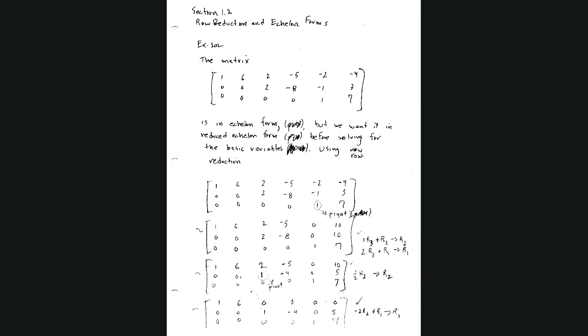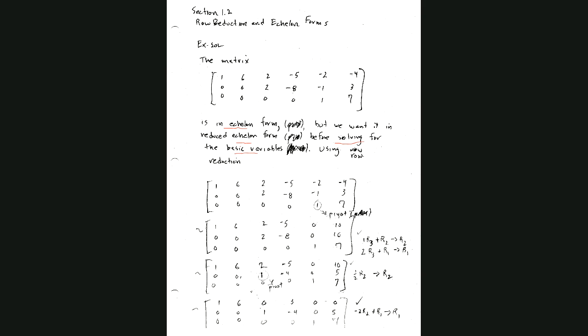All right. And I know I usually try to have my notes neat. I think this is readable enough, but you know. So the matrix, like I said, is in echelon form. We want it in reduced echelon form before solving for what's called our basic variables. I'll tell you what those are when we get to the solution.